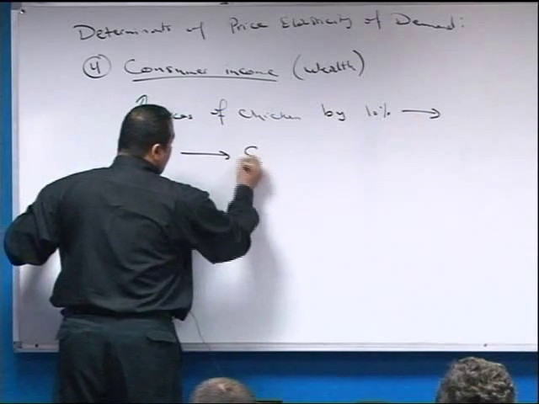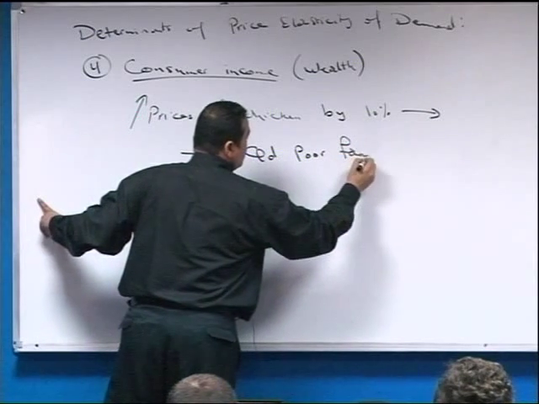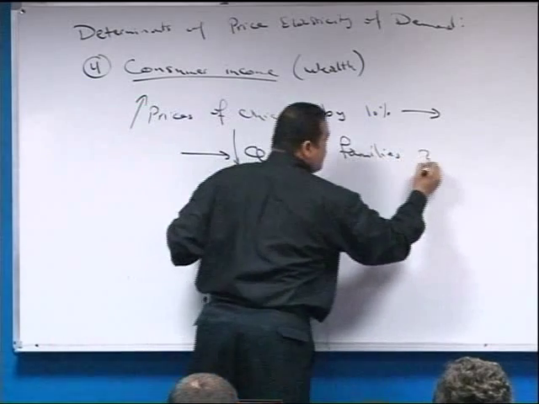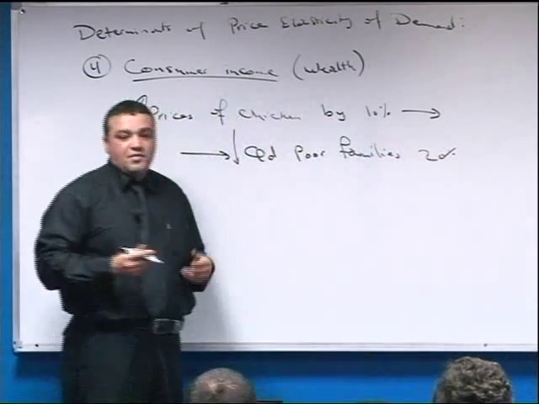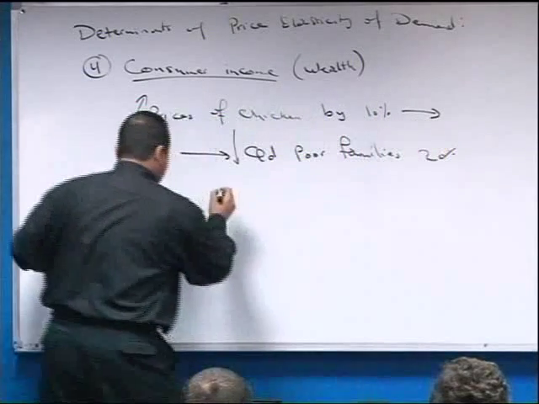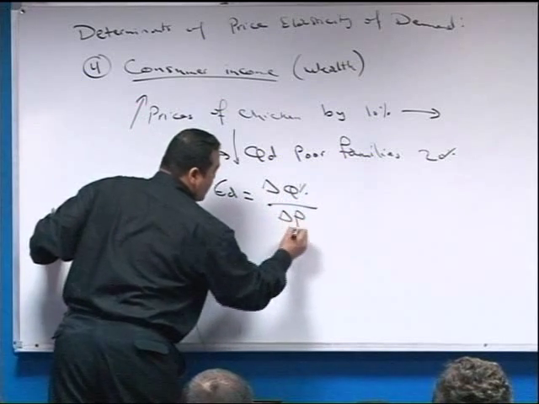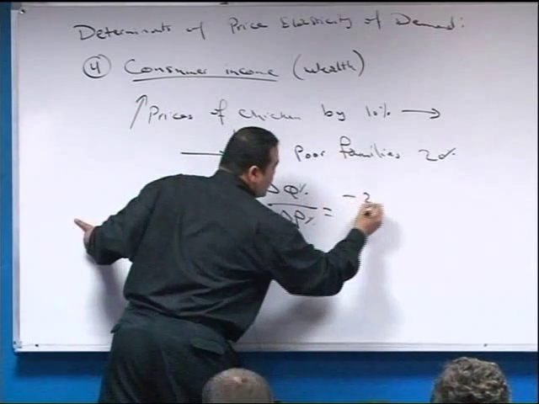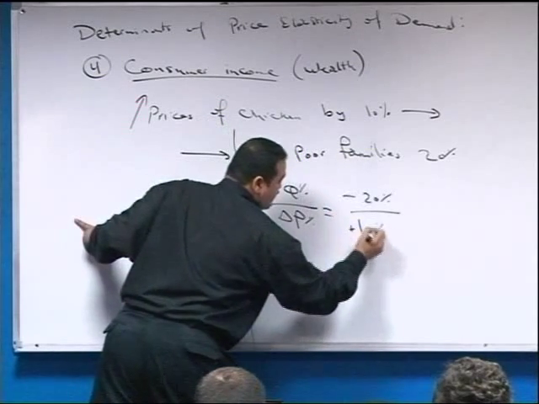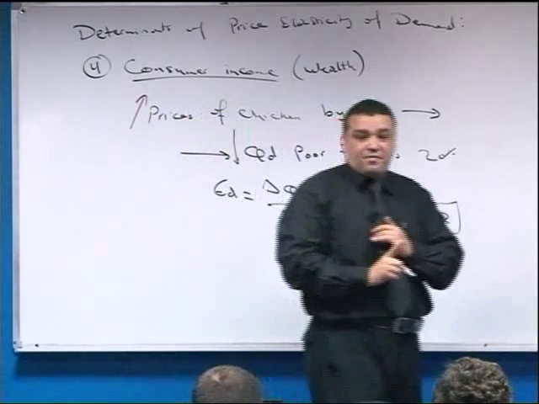So suppose that the quantity demanded for the poor families would decline by 20%. So in this case, the price elasticity of demand, ED, equals delta Q percent over delta P percent, minus 20% over 10%, equals minus 2. The demand is elastic for the poor families.